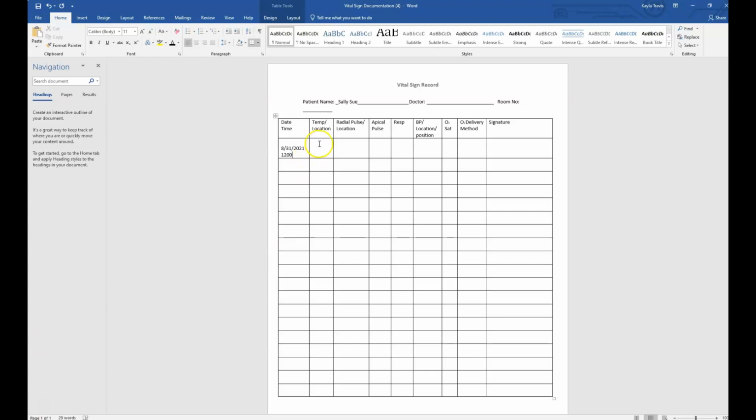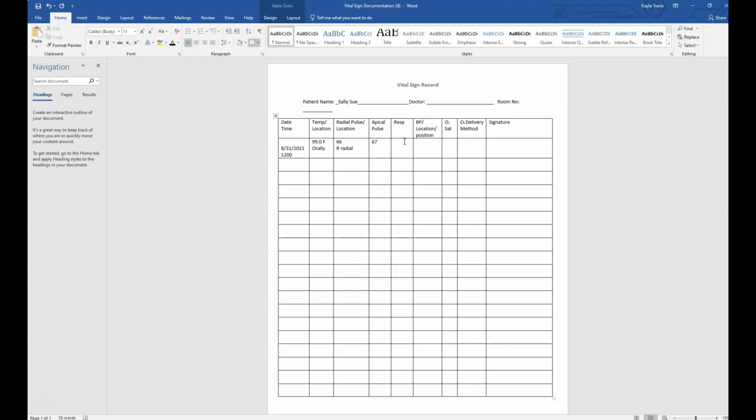I then took an oral temperature, and I got 99.0 Fahrenheit orally. Okay. My radial pulse was 66 in the right radial. Apical pulse was 67.